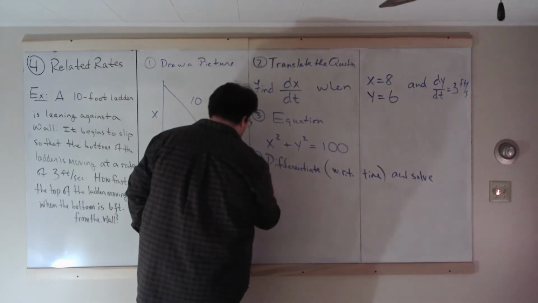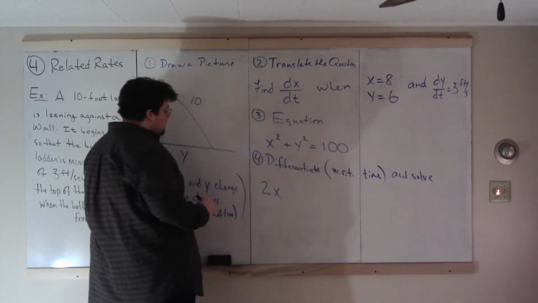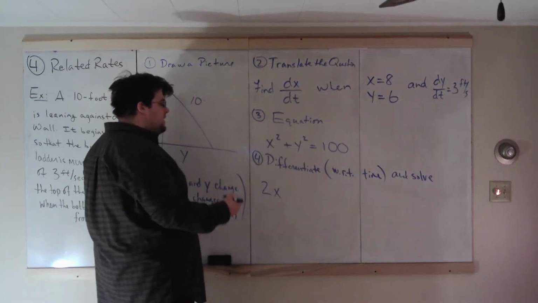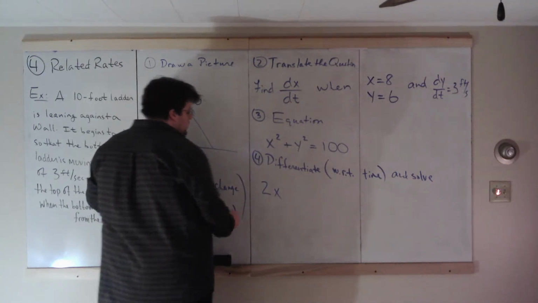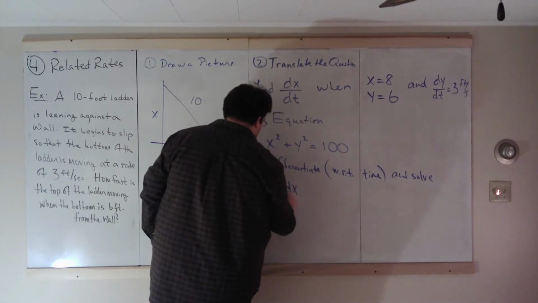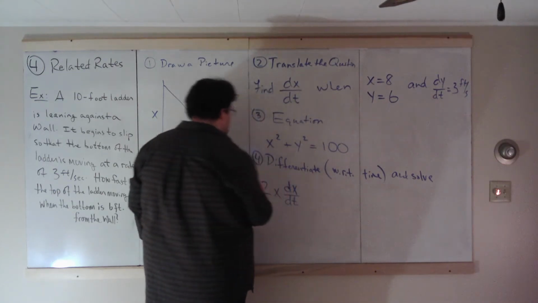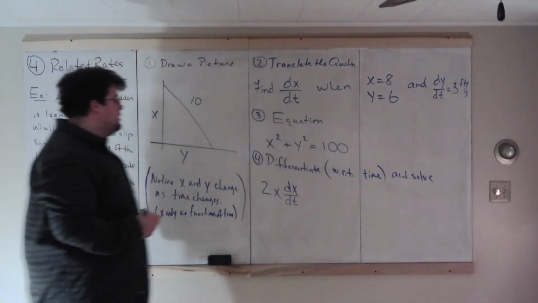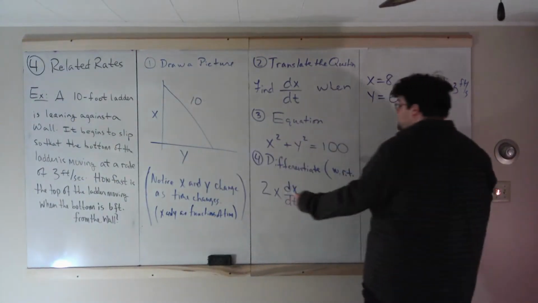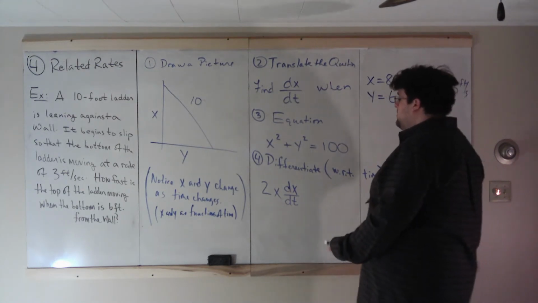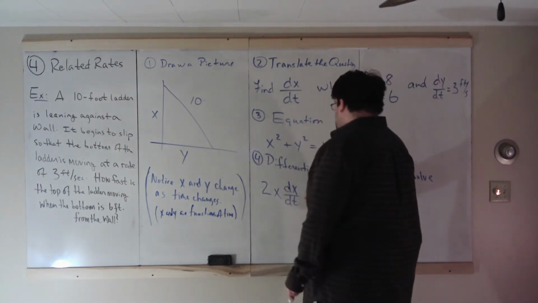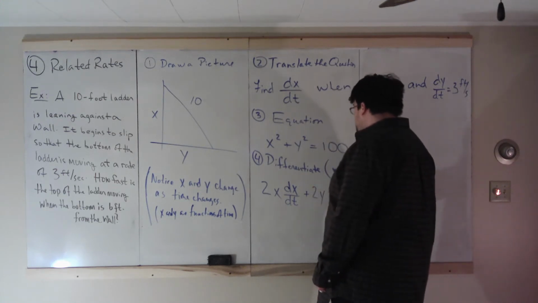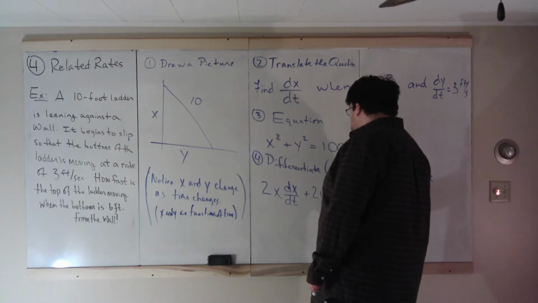So you get 2x to the 1. Remember, x is full of t's. 2x to the 1 times the derivative of the inside. The derivative of x here with respect to time is dx/dt. Remember, x and y both change as time is changing. So 2x from the power rule, dx/dt by the chain rule. Similarly, y is a function of time, so we get 2y to the first times the derivative of the inside, dy/dt.